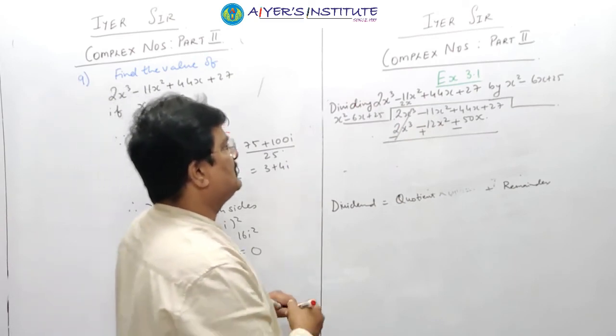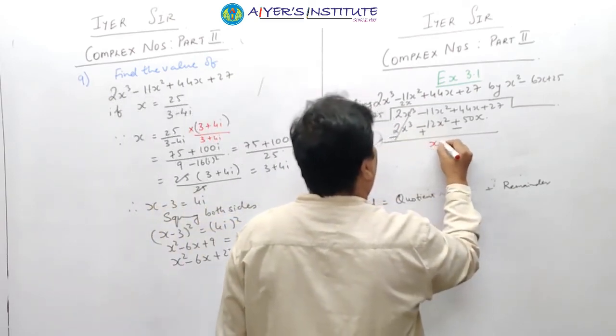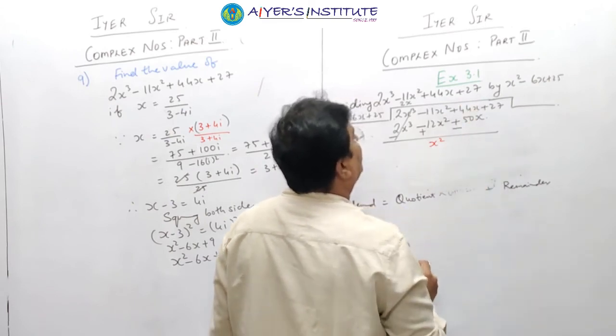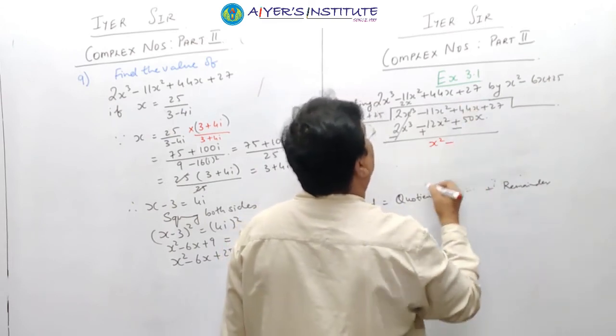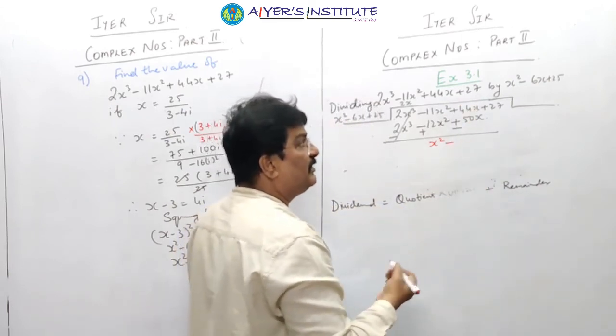12 minus 1 is x square, and here 50 minus 44, so 44 plus how much is 56?